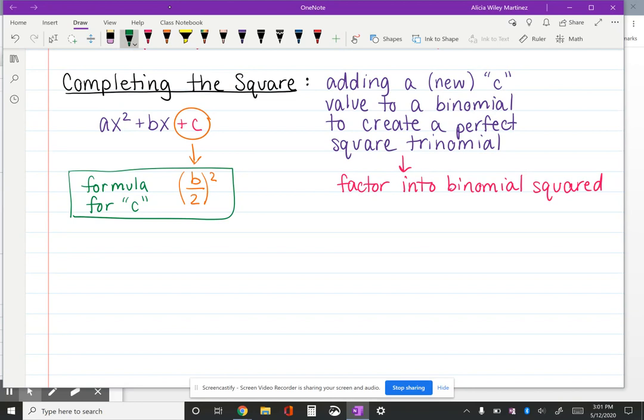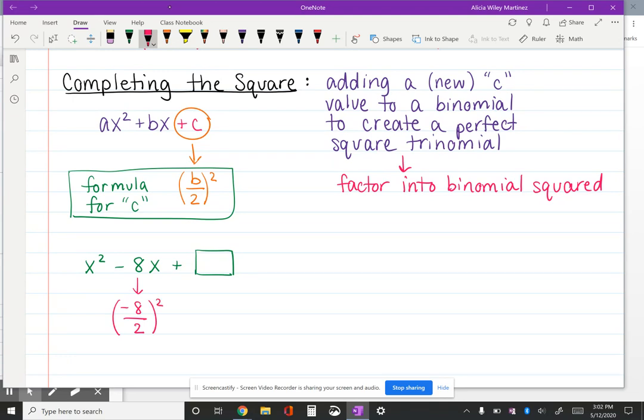So if I have x squared minus 8x, what would I add to it to make it a perfect square trinomial? So the way that I would do that is I would take my value of b of negative 8, divide it by 2, and then I would square it.